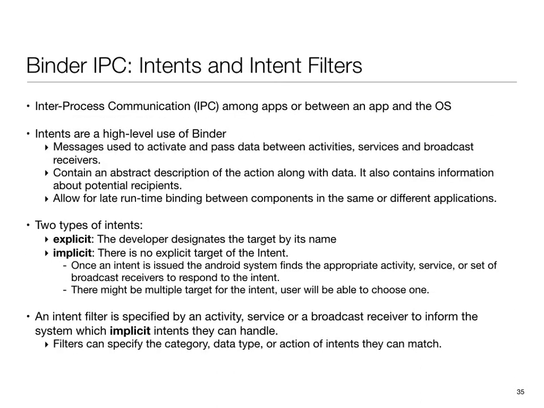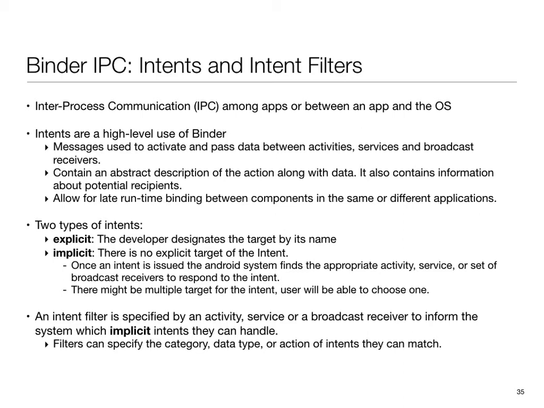So this is a wall of text, but I'll try to go through this briefly to discuss the inter-process communication between apps. The main idea is intents, which are a high-level use of the binder inter-process communication. It's a way to pass messages between activities, services, and broadcast receivers, which we'll talk about after this.